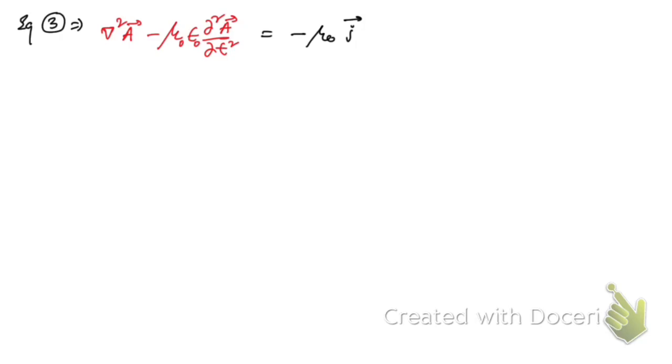Then you see, this can be written in this term as well. This equation consists only of the vector potential, right? It can be written in this form using the box operator, that means the d'Alembertian operator, also known as the box operator.